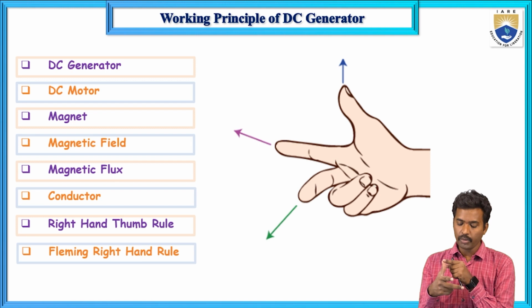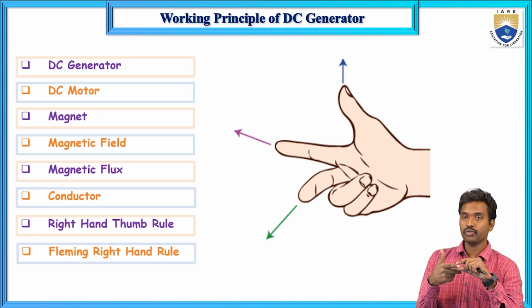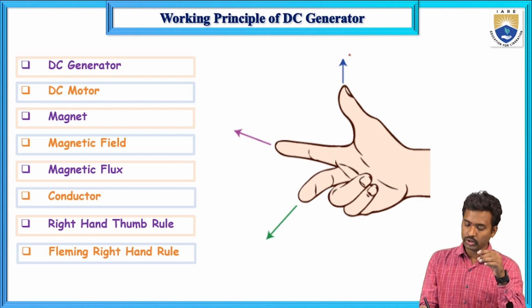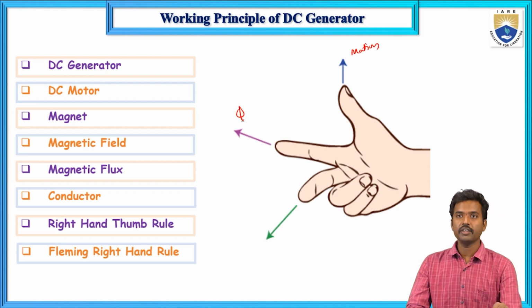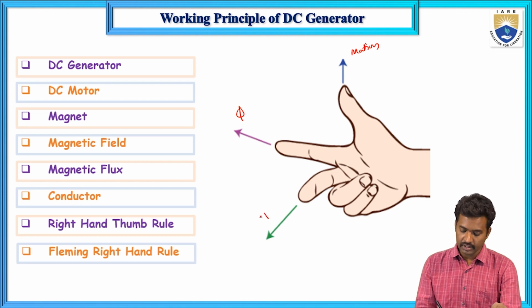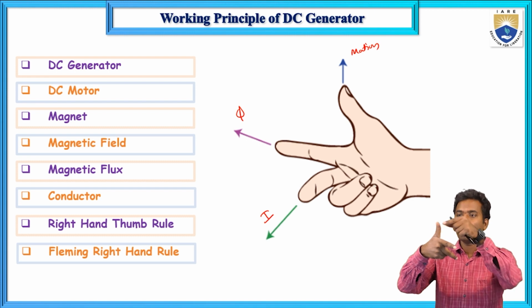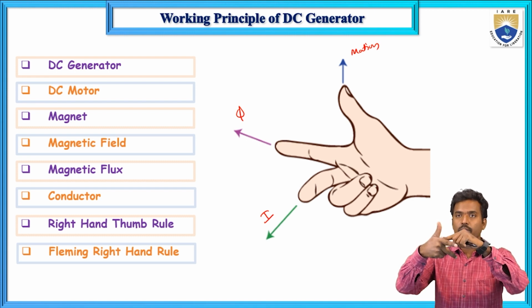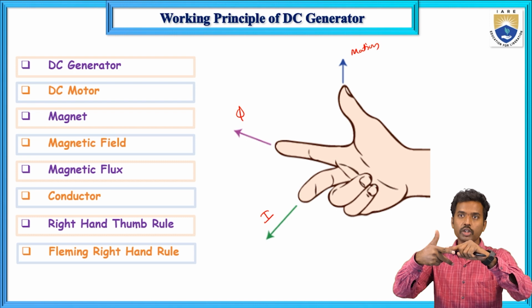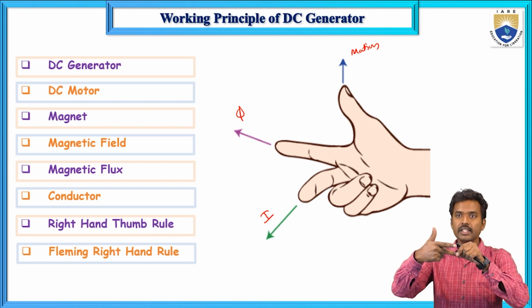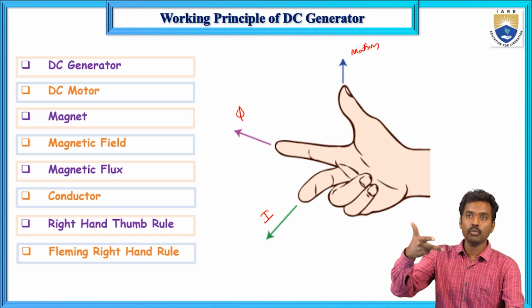The thumb direction indicates the motion of the conductor, the forefinger indicates the magnetic field direction, the flux direction from north pole to the south pole, and the middle finger direction indicates the current direction, the induced EMF direction.